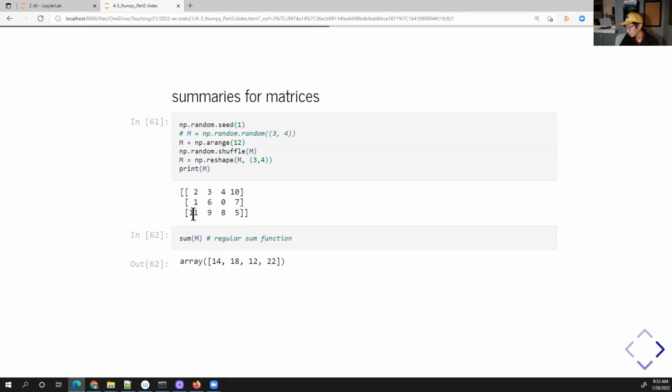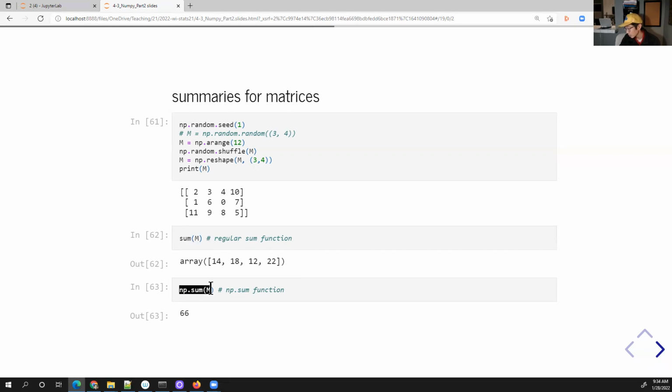So it's going to do 2 plus 1 plus 11, 3 plus 6 plus 9, 4 plus 0 plus 8, and we get column-wise sums. Whereas when you call the NumPy function, it's going to sum all of the elements in the matrix, all 12 values, and you get 66. So there are some behavioral differences between base Python sum and numpy.sum.